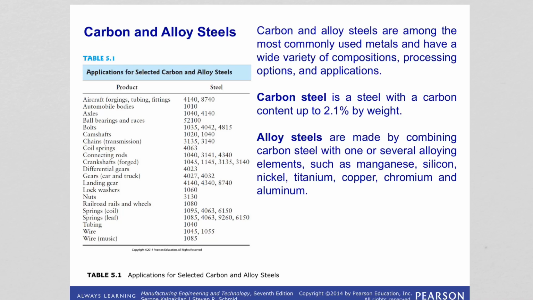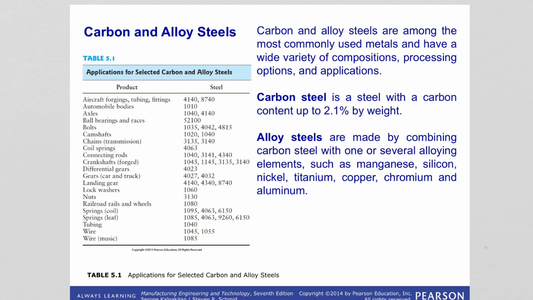And alloy steels, in addition to that carbon, have one or several alloying elements such as manganese, silicon, nickel, titanium, copper, chromium, and aluminum. So a wide range of compositions depending on what type of properties we expect from the steel.